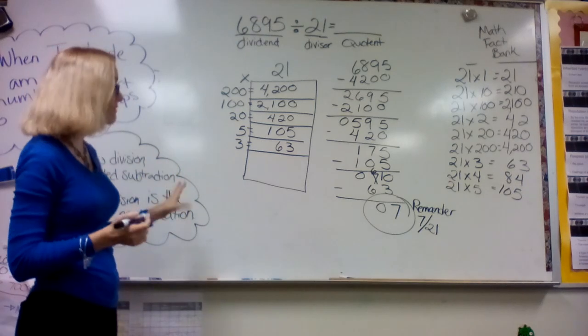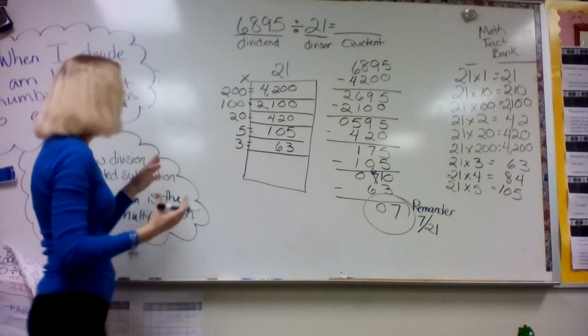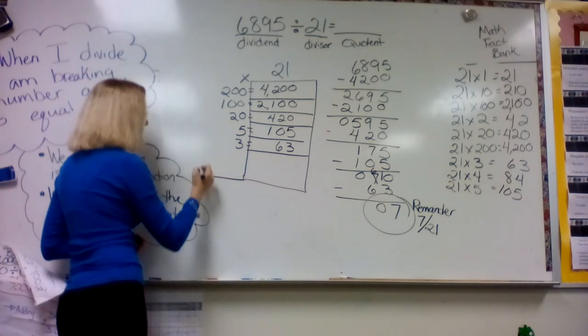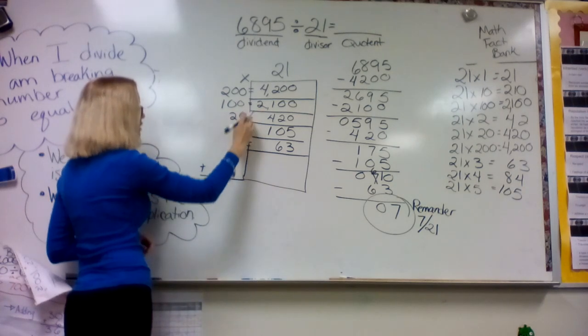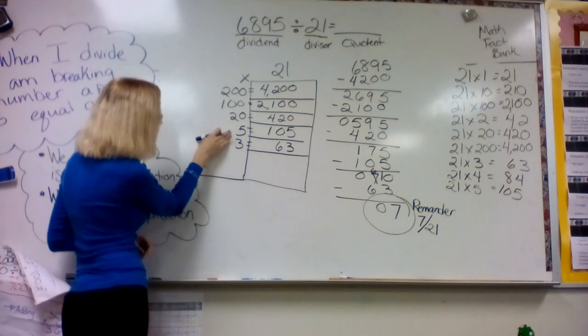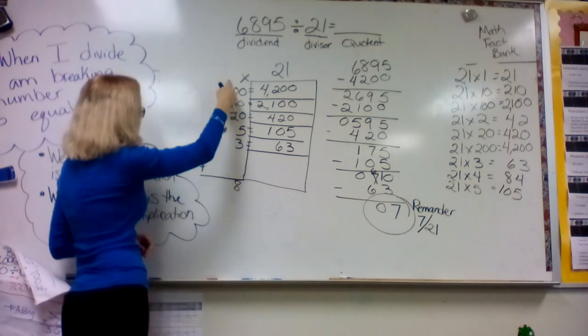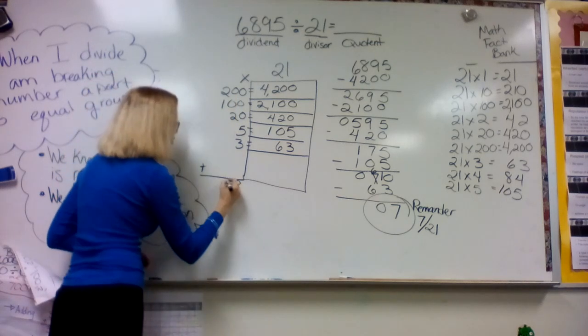So now I need to find out my quotient. I have my remainder. It seems like I've jumped way far ahead. This is the easiest part. All you have to do is draw a line and add all of this up on the side. So 0 plus 0 plus 0 plus 5 plus 3. I have an 8 in my ones place. And then in my tens place, I have a 2, which stands for 20.